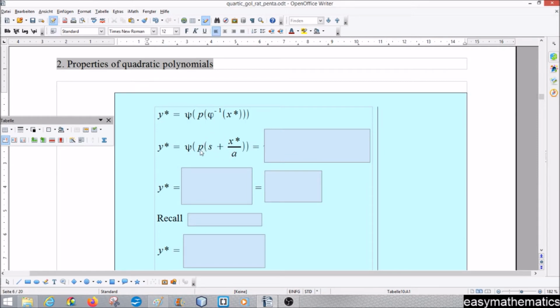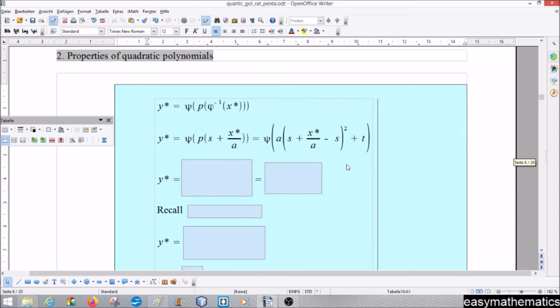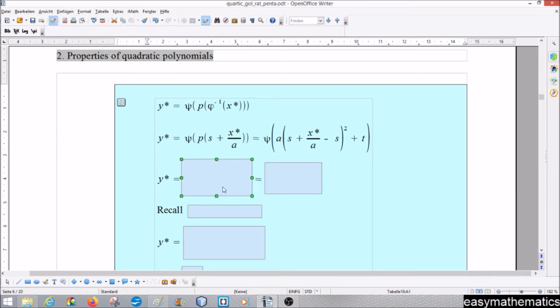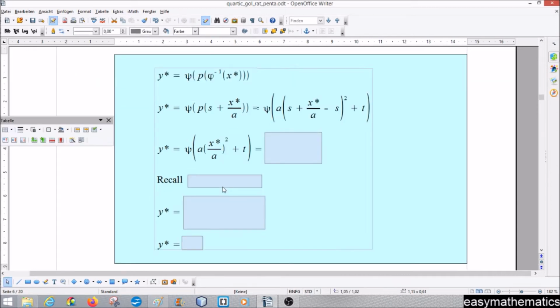Then p of s plus x star over a, we find this equation: a times s plus x star over a minus s squared plus t. And you see that the s and minus s cancel out, and we are left with a times x star over a quantity squared plus t.